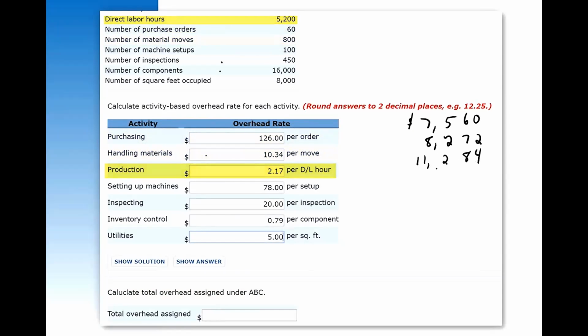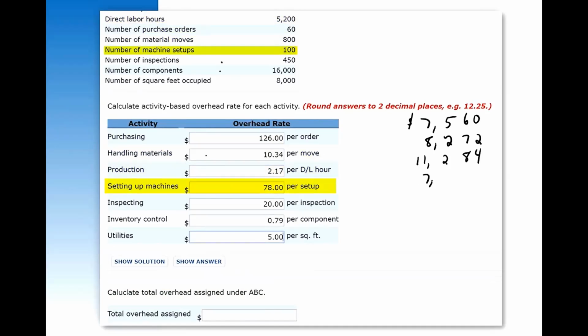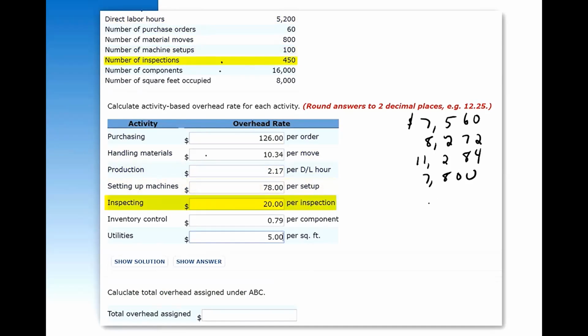Then for the setup pool, we take the number of setups, which is 100, times the rate of 78, gives us 7,800. Then inspecting, we take the number of inspections, which is 450, times the rate of $20 per inspection, is 9,000.